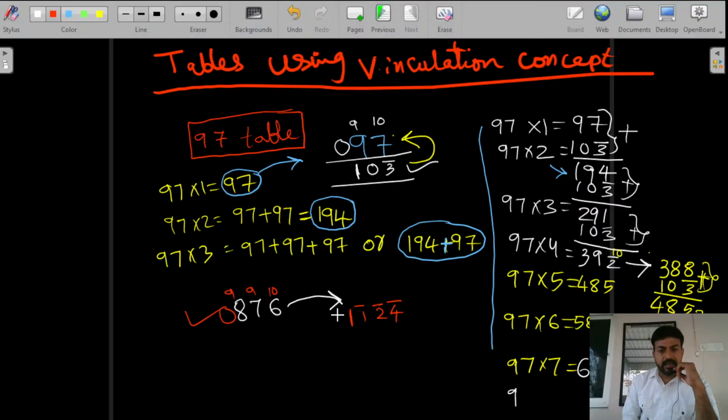So I have explained everything. In the vinculation part, if you find all higher digits, like this 876, assume there is a 0 before this number and take the successor of 0. Successor of 0 is 1. Simple. So the vinculated form of 876 is 1 bar 1 bar 2 bar 4.